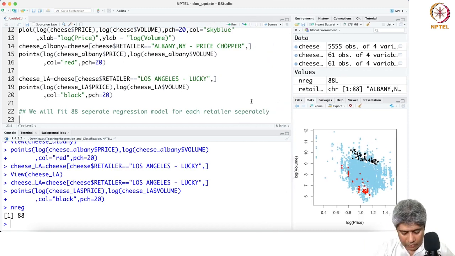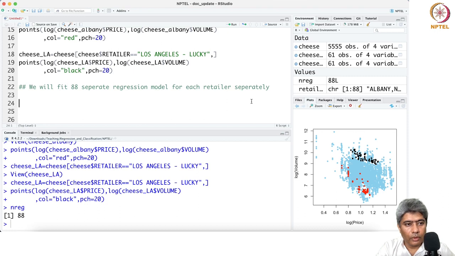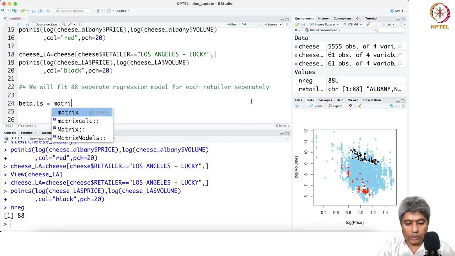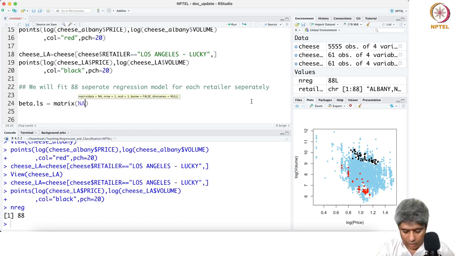So first, beta.ls equals matrix NA, nrow equal to n.reg and ncol equal to 2.